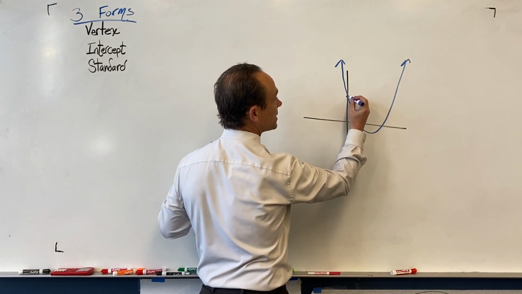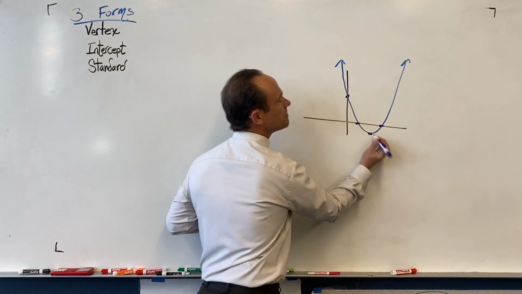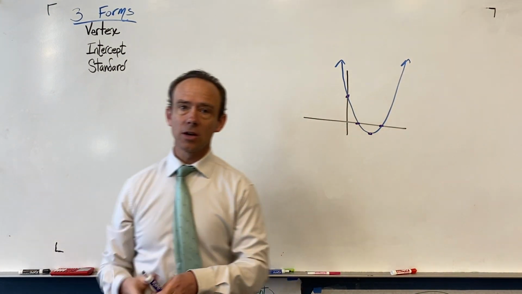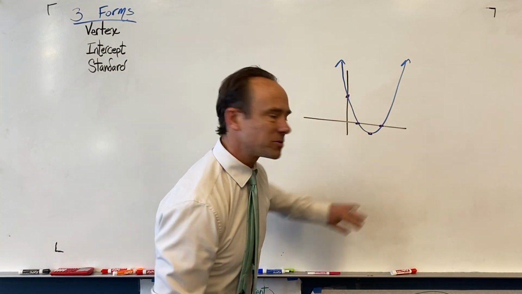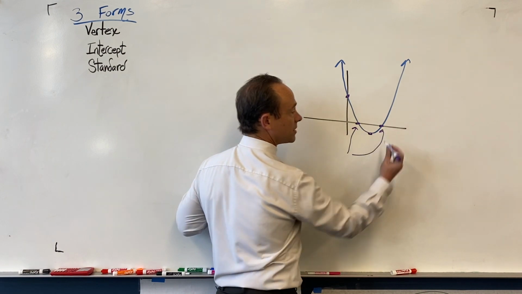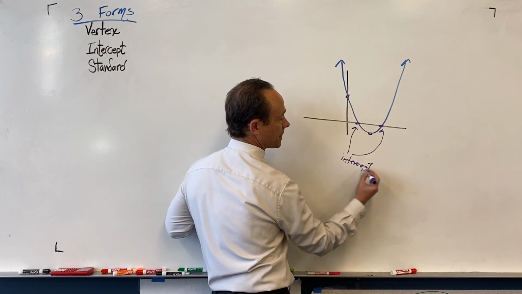This point looks pretty special. These 2 points look special, and so does that point. And each one of these forms will kind of highlight one of these attributes. So these x-intercepts here, we're going to get really easily from intercept form.